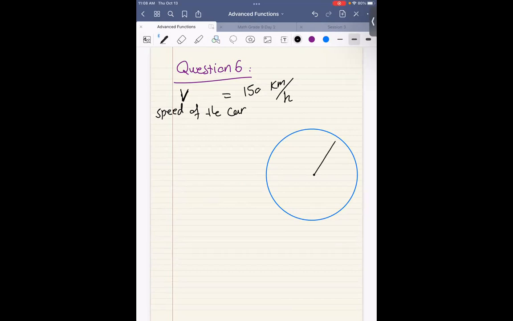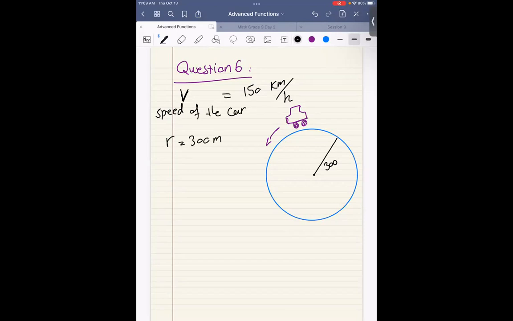So it's like this, and there is a car here, and the radius is 300 meters.